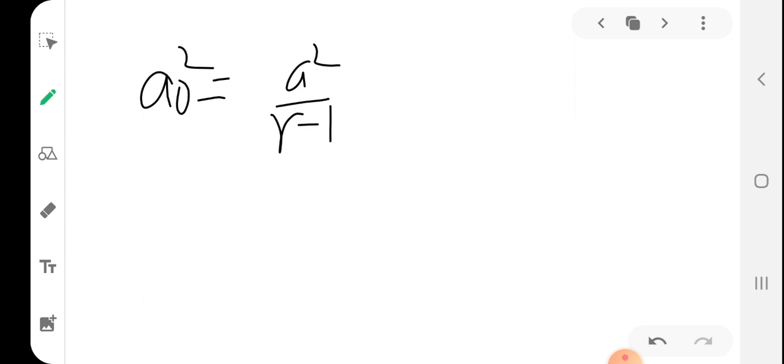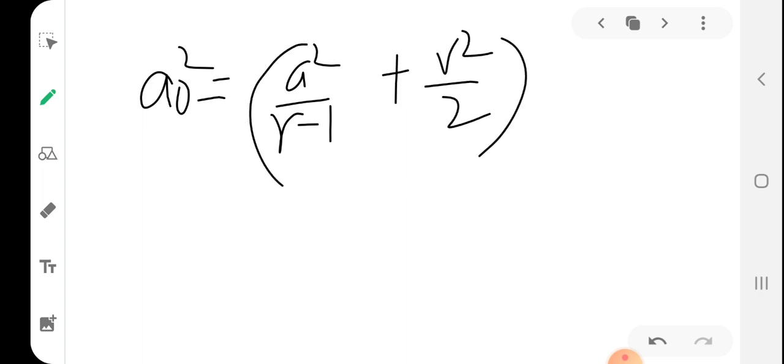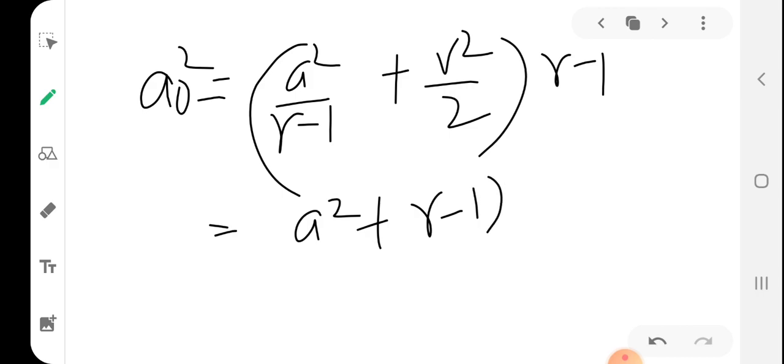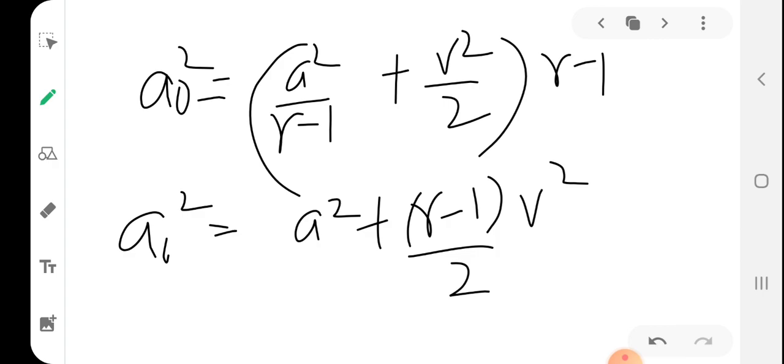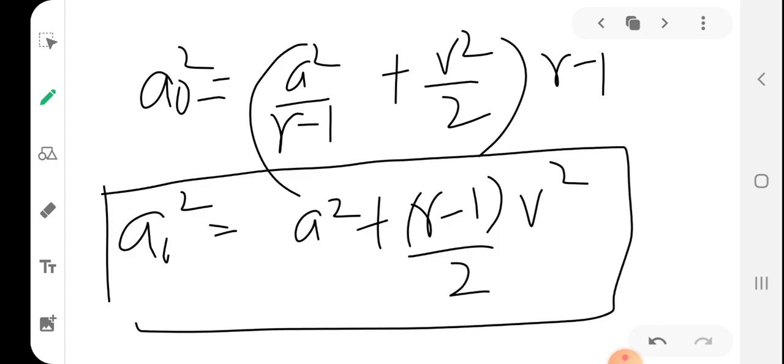So a0 square can be written as a square by gamma minus 1 plus v square by 2 into gamma minus 1. So it will be a square plus gamma minus 1 by 2 v square. So this is one equation for a0 in terms of a and v.